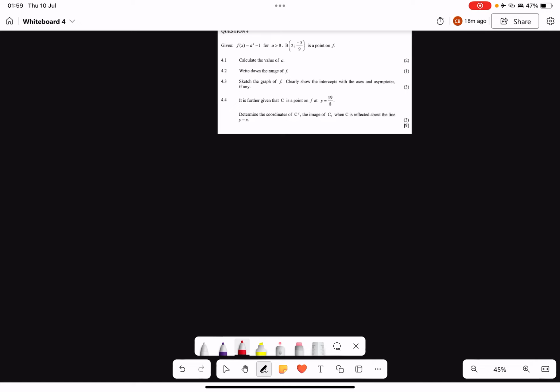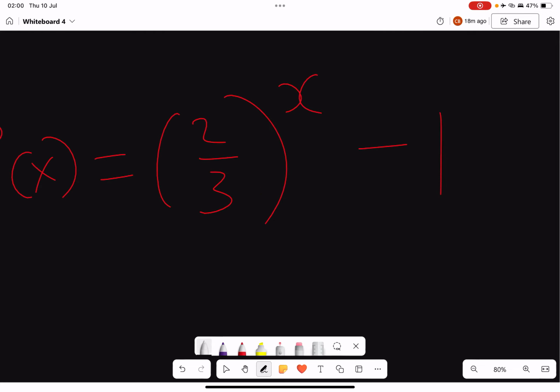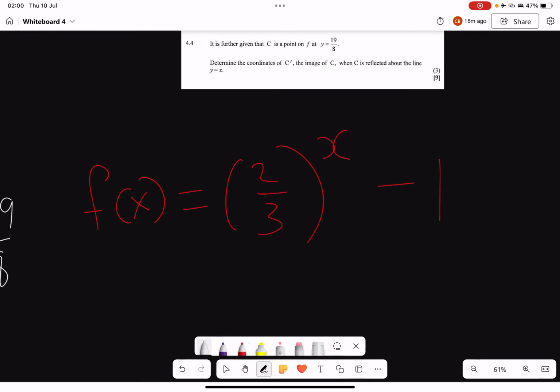So far we know that f of x is equal to (2/3) to the power x minus 1. And we are told that the y value at C is 19/8. That is the y value at C, right?